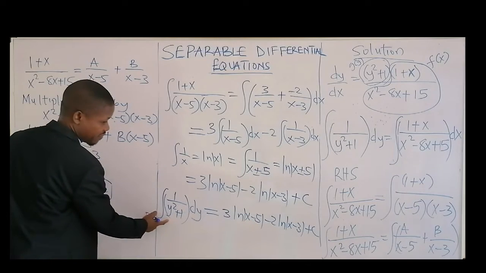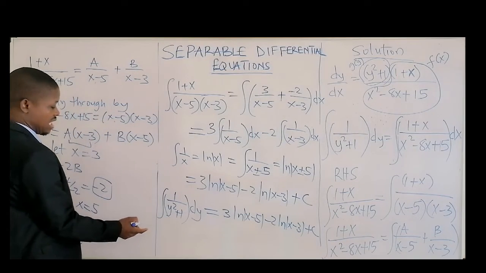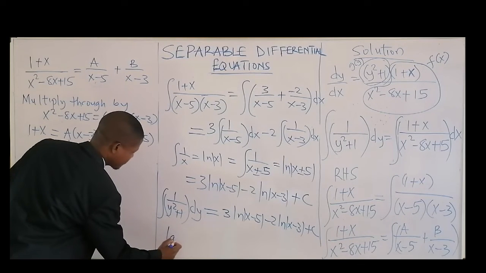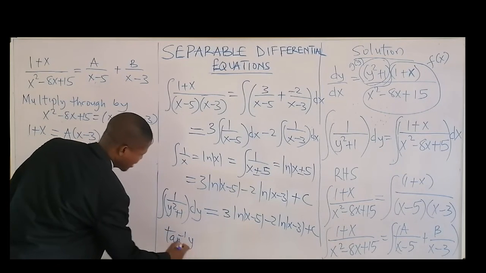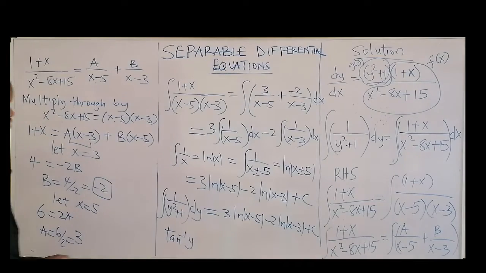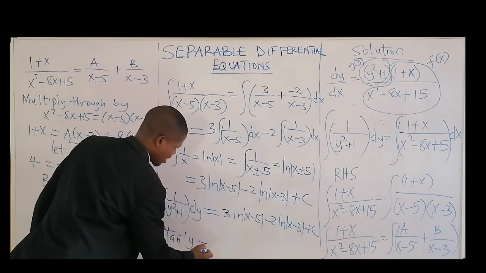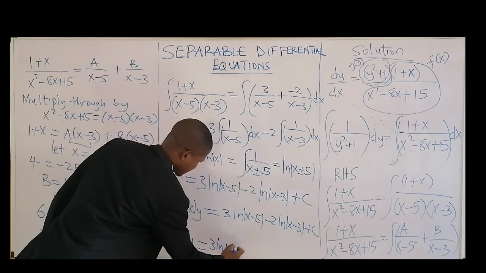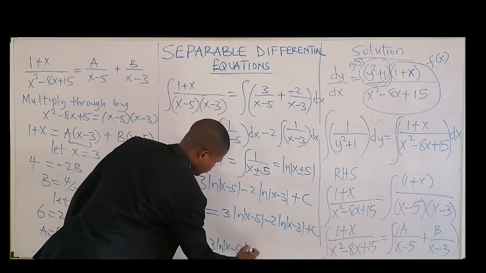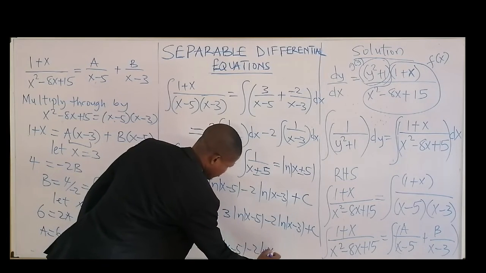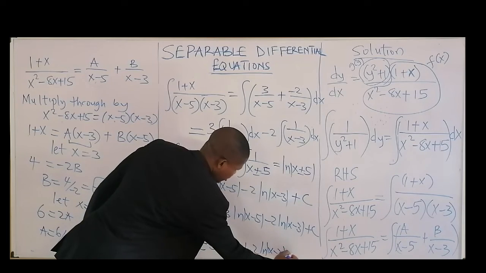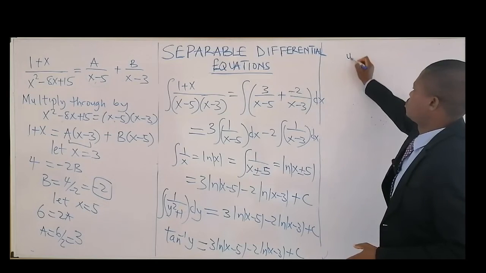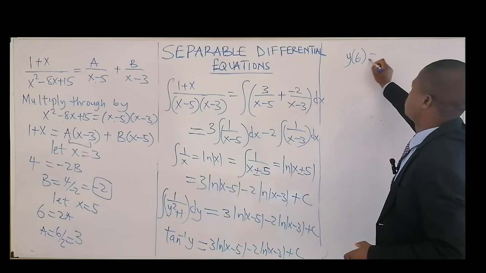Then the integral of this is a direct table. The integral of 1 over y squared plus 1 will be the inverse function arctan y. Okay, equal to 3 ln(x minus 5), and then minus 2 ln(x minus 3), then plus c.